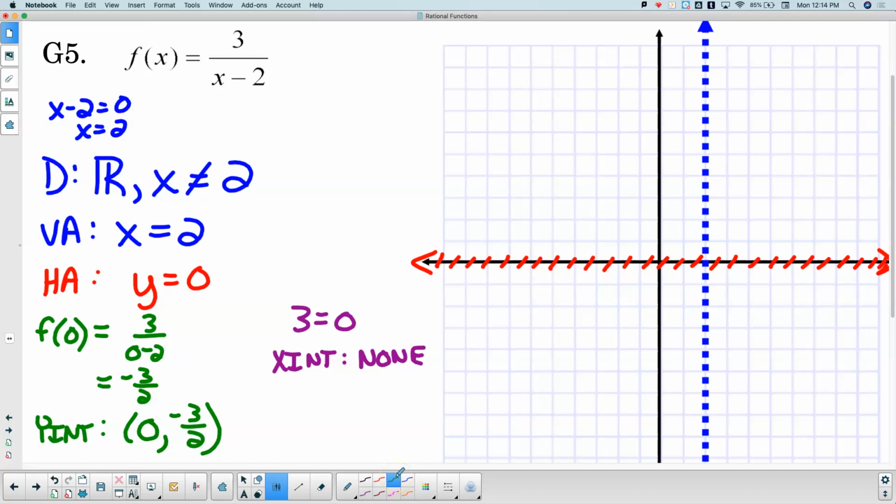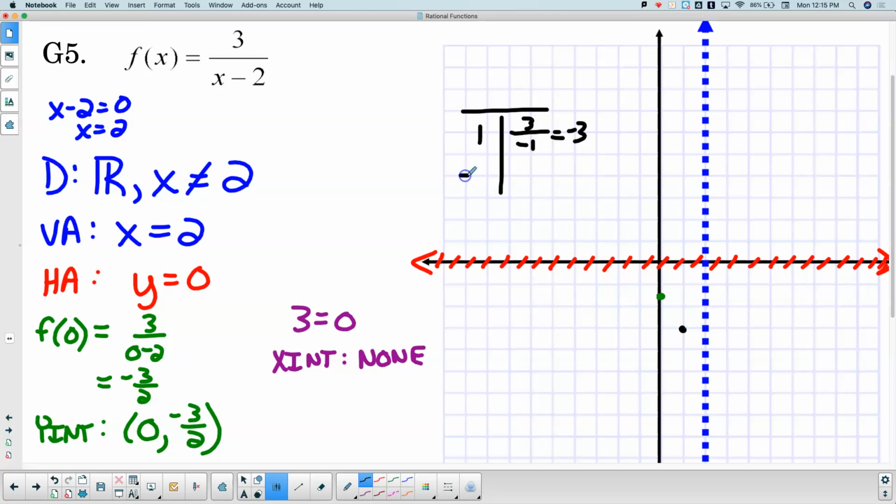0 comma negative 3/2, that's 0 comma negative 1.5, so that'd be right there. There she blows. Okay? So then that leaves me with, now I got to do a t-chart for over here. So let's go with positive 1. If I put positive 1 in there, I get 3 on the top, and I get negative 1 on the bottom. So that's negative 3.